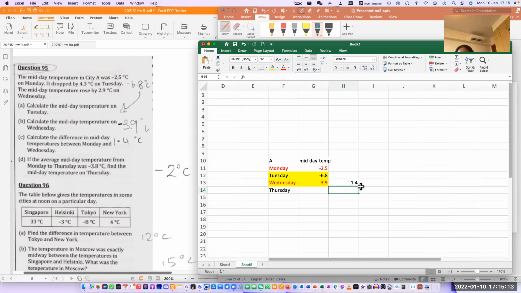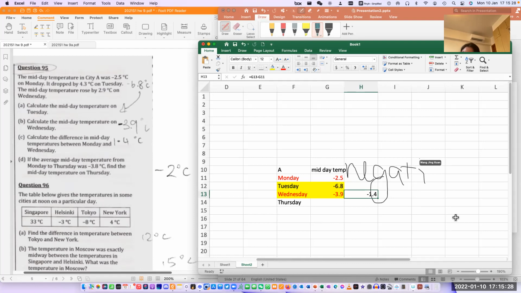How do you find the difference? Which is correct? So should you take minus 1.4 as the answer or should you take 1.4 as the answer? 1.4. So you still stick with your answer.